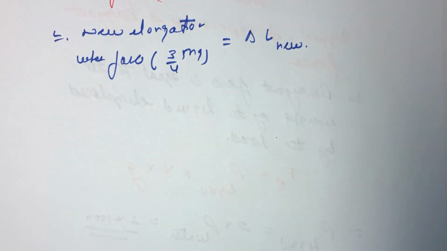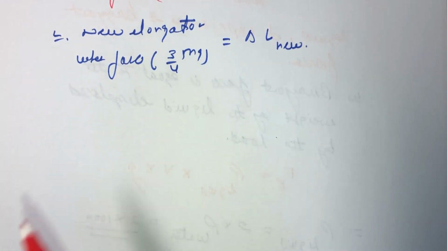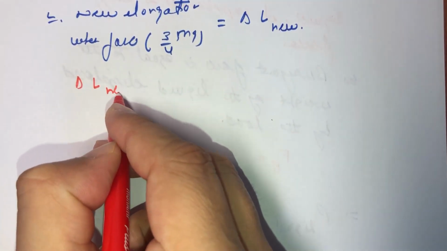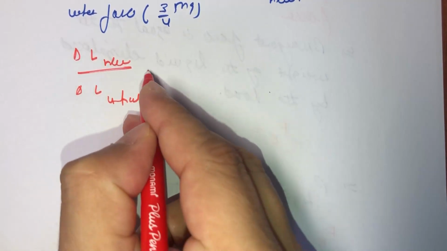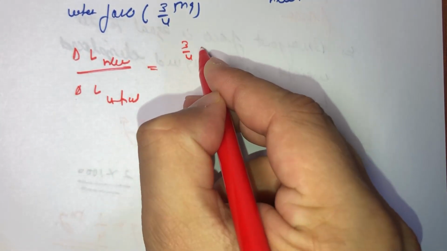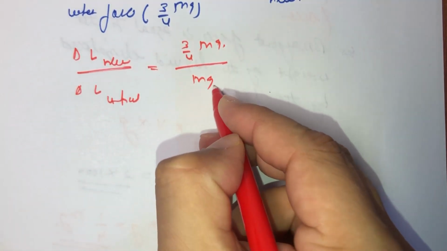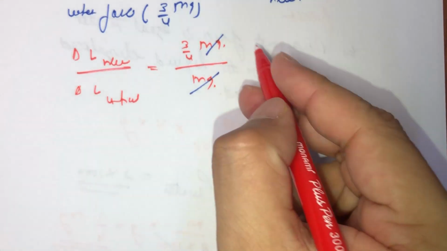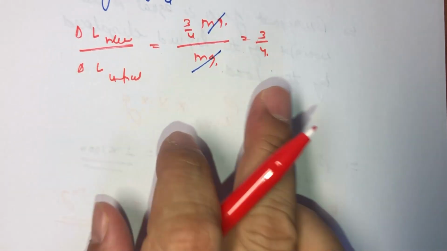According to what I just said, the elongation of the wire is directly proportional to the force applied, so we can say that the ratio of delta L new divided by delta L initial will be equal to 3 by 4 mg for delta L new, and mg for delta L initial. So mg and mg cancel out, and this comes as 3/4, and delta L initial is given as 4 millimeter.